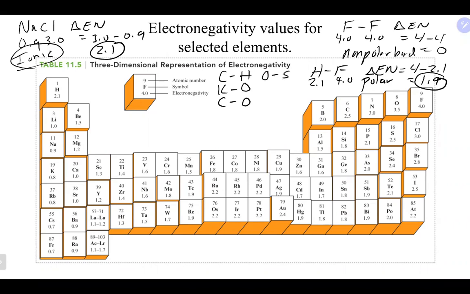And let's do nitrogen and chlorine. For each of those bonds, using the electronegativity values, I think I chose ones towards the top, hopefully. Determine whether it is polar, nonpolar, or an ionic bond. Take a minute or two and determine.